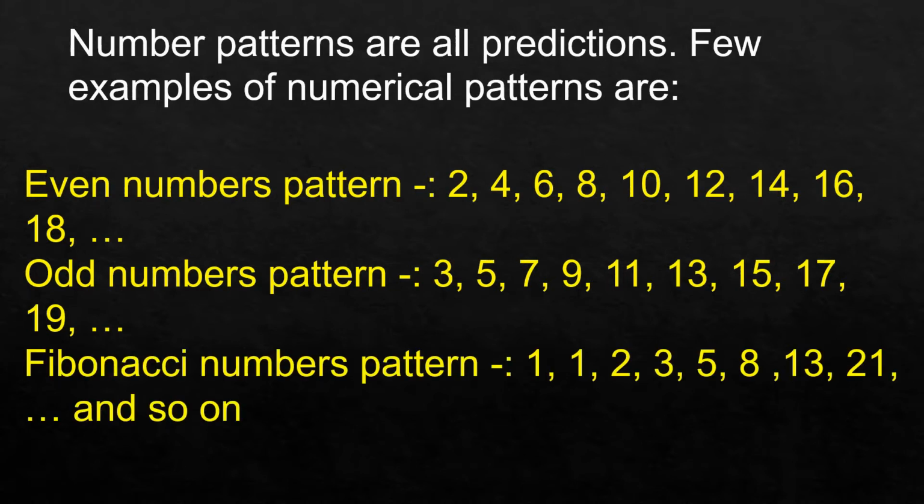Fibonacci number pattern, so that is 1, 2, 3, 5, 8, 13, 21 and so on. So like this, you can see here the numerical pattern.